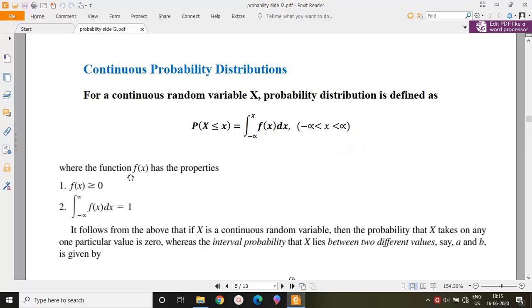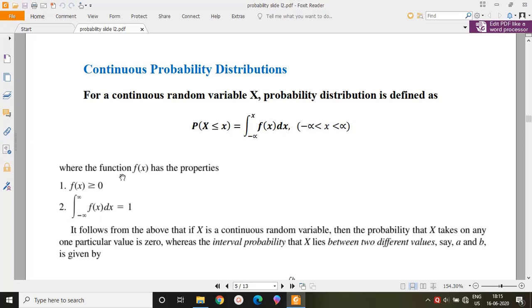Here your fx, the probability density function, has the property fx is greater than or equal to 0. The integral of this probability density function over the full range, minus infinity to plus infinity, is 1, since total probability is 1.